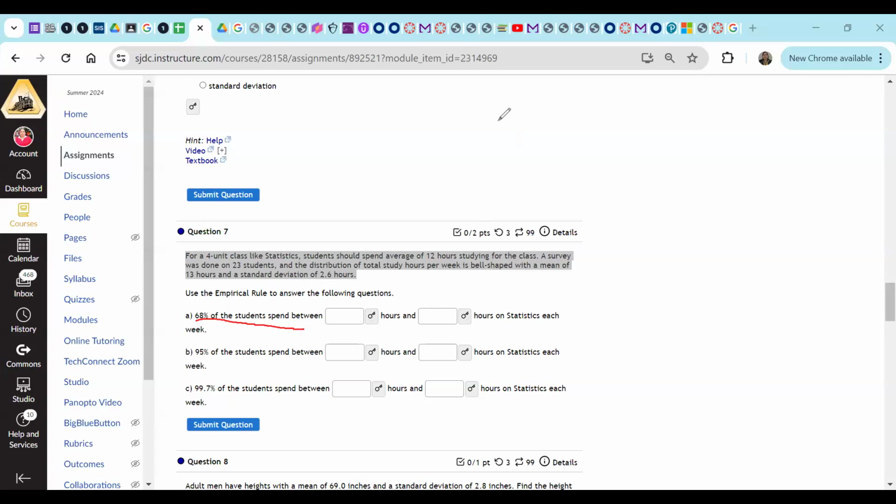So 68%, if you remember from the curve. Now I'm going to draw the curve here again. So this is the baseline. Here goes your normal curve. And if it's 68%, that's from the mean within 1 standard deviation. Here is the mean, which is 13.